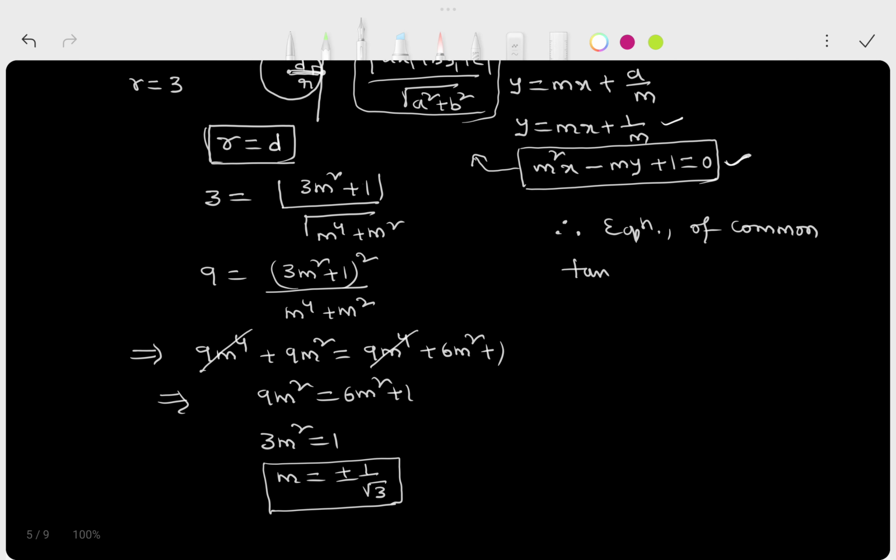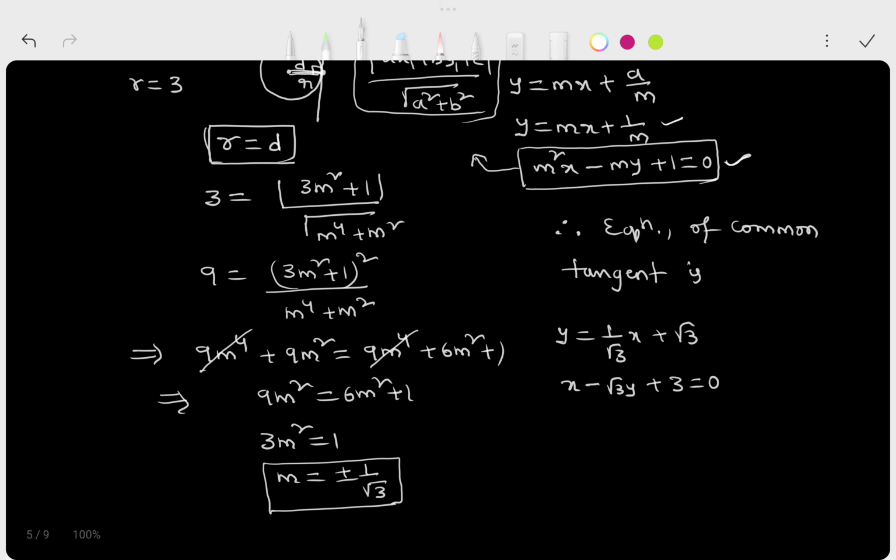So tell me, what is the equation of the common tangent? One equation is with m equal to plus 1 by root 3. So y equals 1 by root 3 into x plus root 3. Now if you take the LCM, this will be x minus root 3 y plus 3 equals 0.